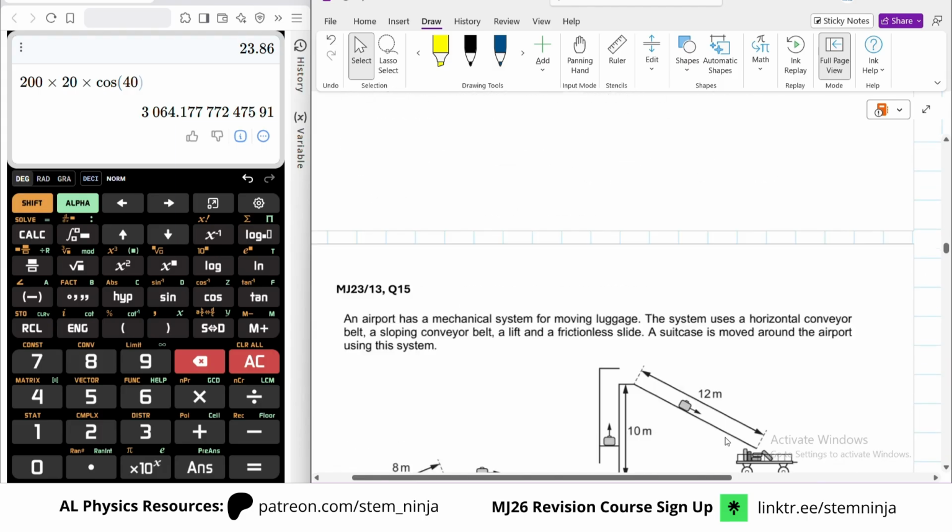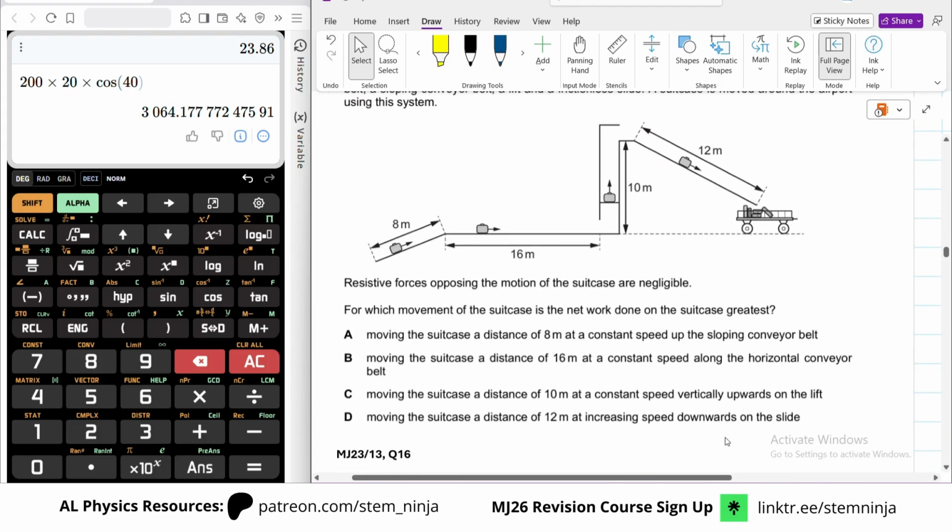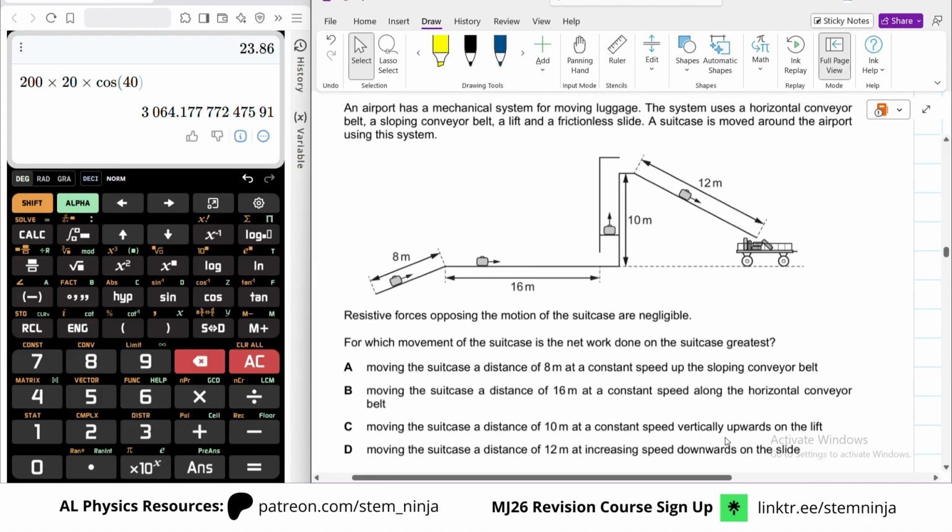Oh no, this is just forces. Okay, let's see this. An airport has a mechanical system for moving luggage. The system uses a horizontal conveyor belt, a sloping conveyor belt, a lift, and a frictionless slide.